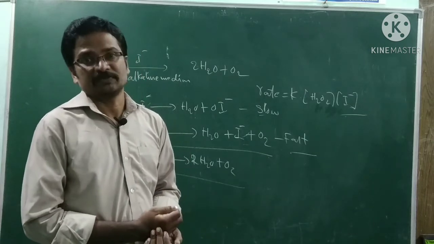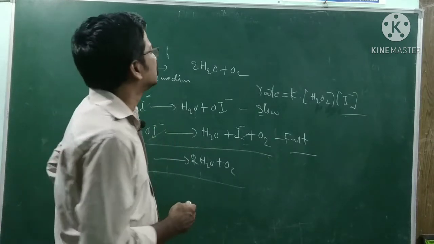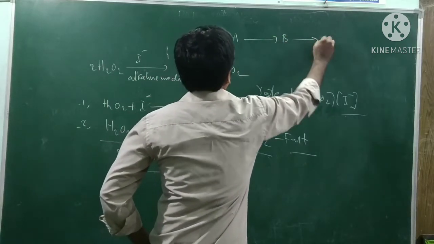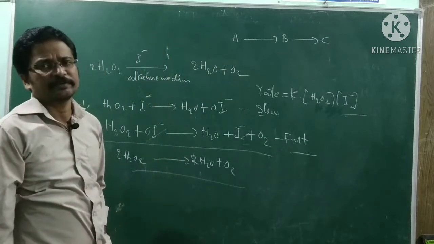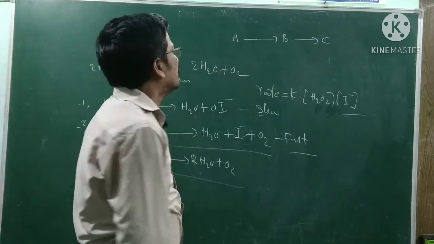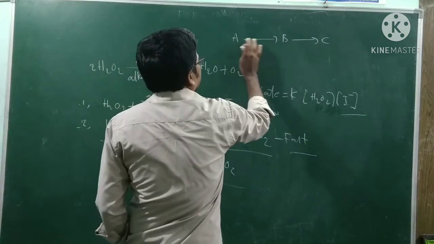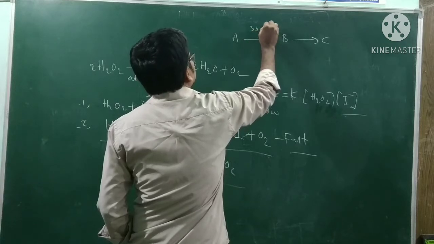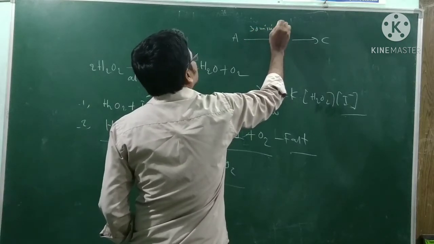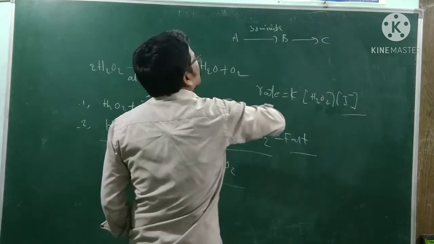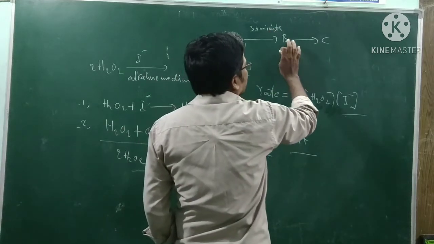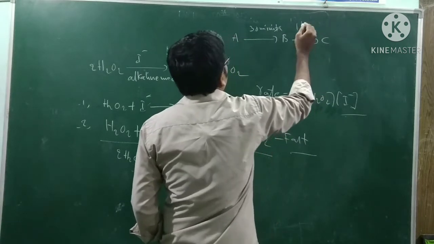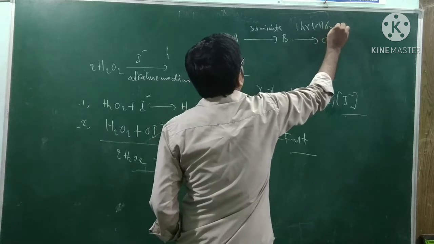How can we explain this? Take an example: a reaction A to B, and B to C. For the reaction going from A to B, it takes 30 minutes. For the reaction going from B to C, it takes 1 hour, or 60 minutes.